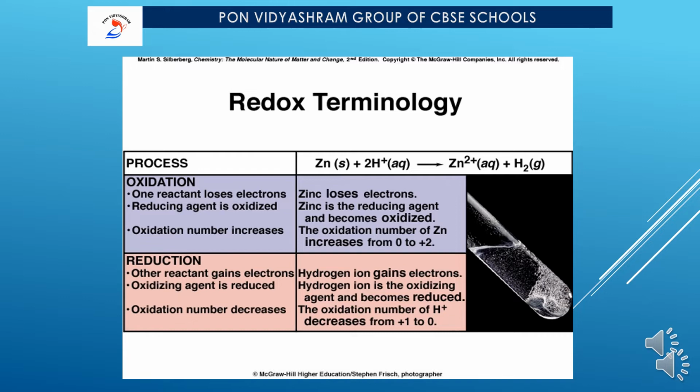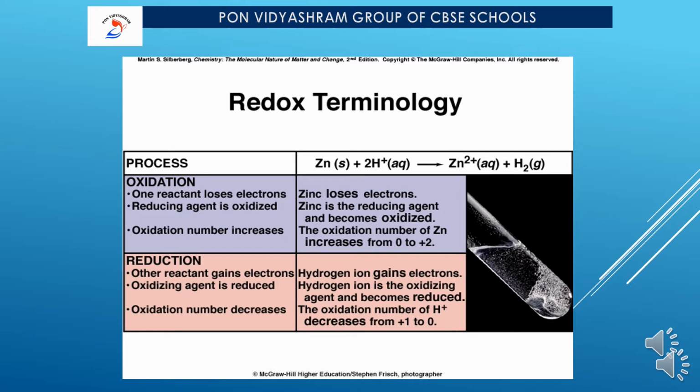We know that the lower the standard potential value, the more it will donate the electron and undergo the oxidation process. According to this, zinc has the capacity to donate the electron.